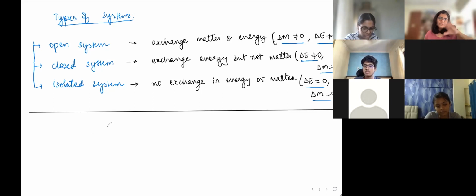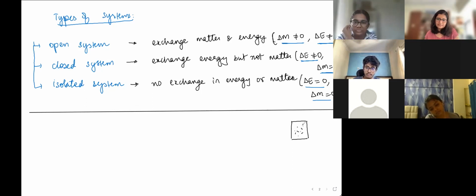So now in the case of thermodynamics, we don't deal with atom-level properties. We deal with properties that are on a macro scale. Like we don't really care about the polarity of the bond or the charge of the ion. That's not going to help us study thermodynamics. We care about, if I have a box of a substance, a gas let's say, what is the pressure inside? What is the temperature of this? What is the volume of this? These are the kind of properties that I care about.